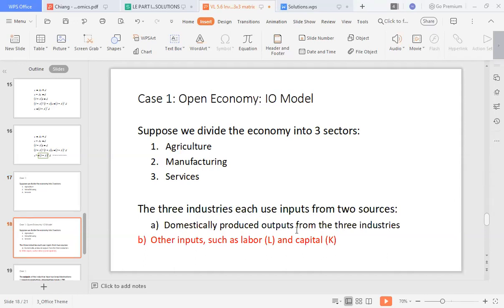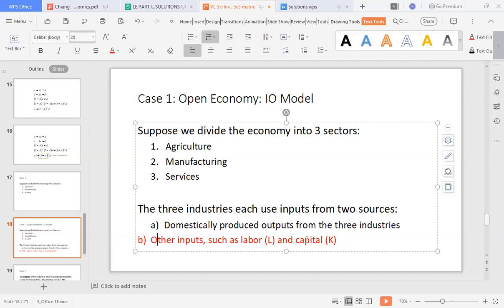Either they use the outputs produced from these three industries, so services, in order to produce an output, might get inputs from agriculture, manufacturing, or even its own industry, or the services can also use inputs from other sources, which are labor and capital.